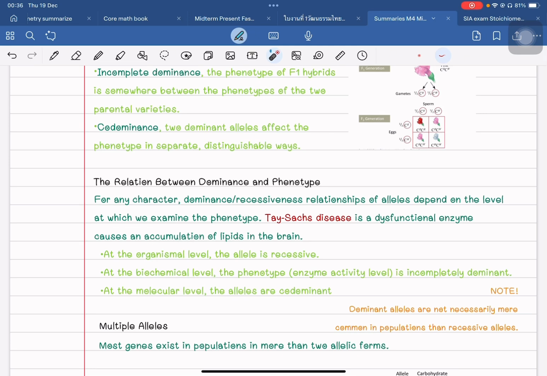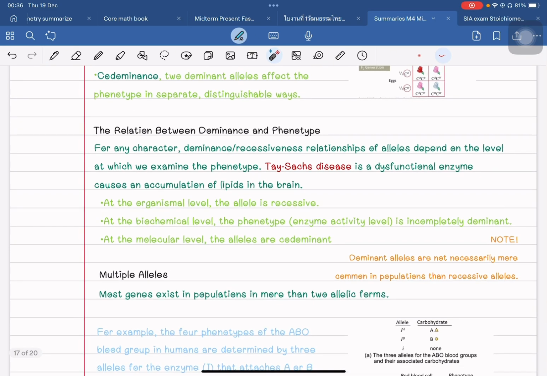At the organismal level, the allele is recessive. At the biochemical level, the allele is incompletely dominant. The biochemical level can also be called the enzyme activity level. And the last one is that at the molecular level, the alleles are codominant.